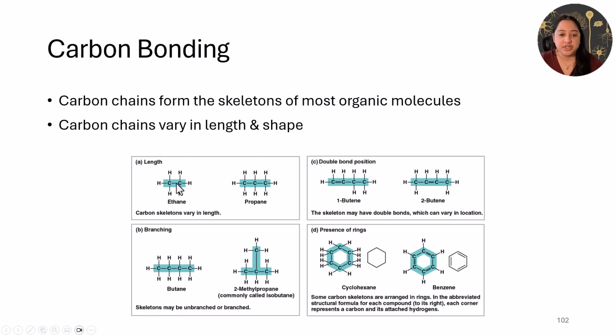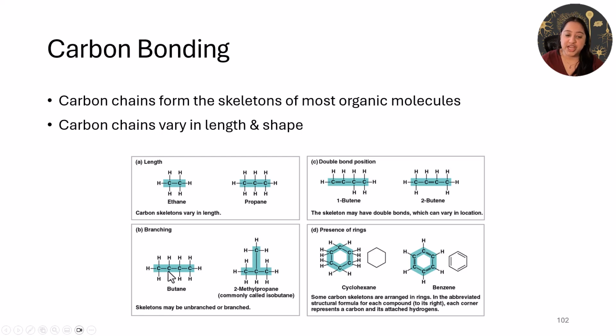You can add another one, that's a different molecule, add another one, it's also a different molecule. And they can be long chains. So they can vary in length and also in shape because of how double bonds versus single bonds might change the configuration of a molecule. That'll change the shape, where the bonds are.